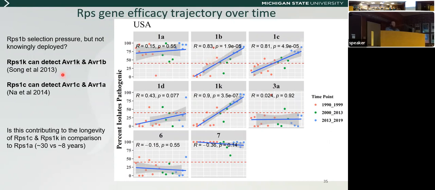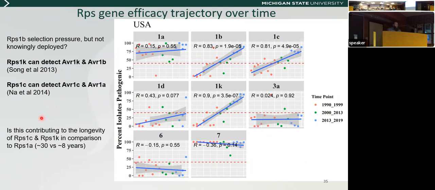But looking through the literature, we were able to identify some studies providing evidence that RPS1K can detect not only the AVR1K effector from Phytophthora sojae, but also the AVR1B effector, which typically is detected by RPS1B. Likewise, RPS1C is also able to detect the AVR1A loci.